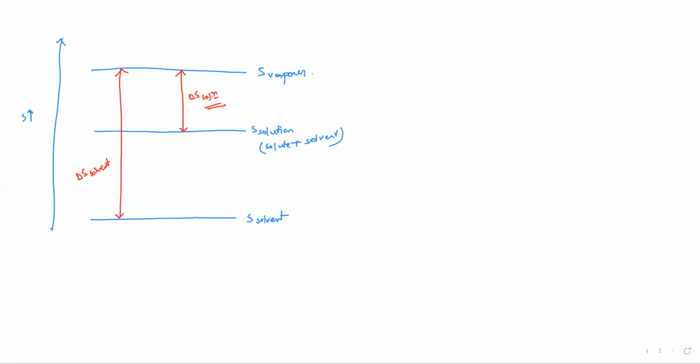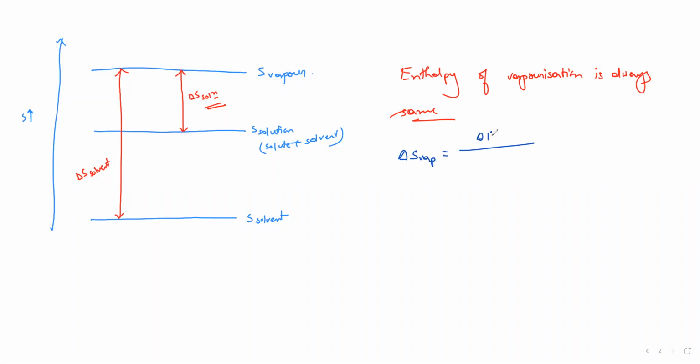Now remember, enthalpy of vaporization is always the same. And del S of vaporization is equal to del H vaporization over boiling point.